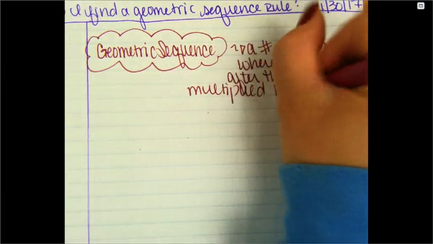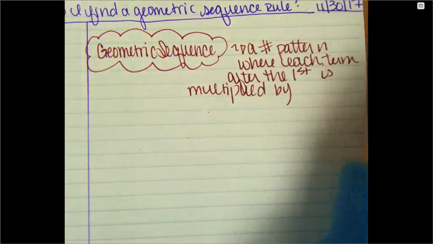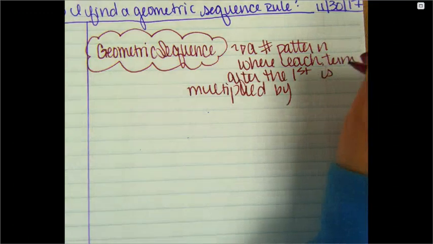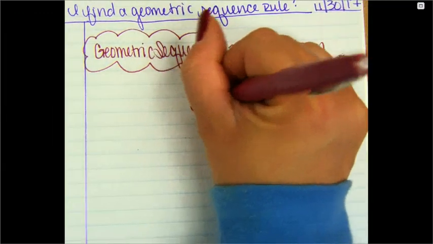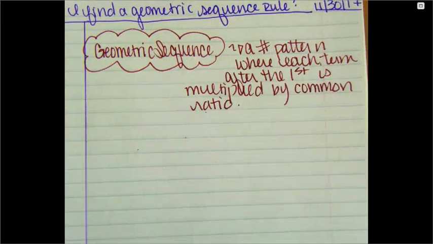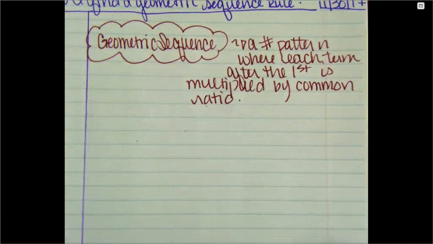By what? What is that called? Common ratio, good. So a number pattern where each term after the first is multiplied by the common ratio. Okay?